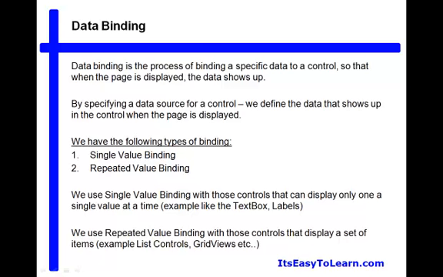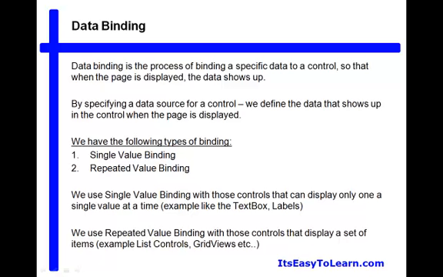Data binding acts as a bridge, fetching the data from the database or any data source. Not only a database, it could be any data source, and binds it to the control so that when the page is displayed, the data shows up on the control. We have the following types of binding: single value binding and repeated value binding.